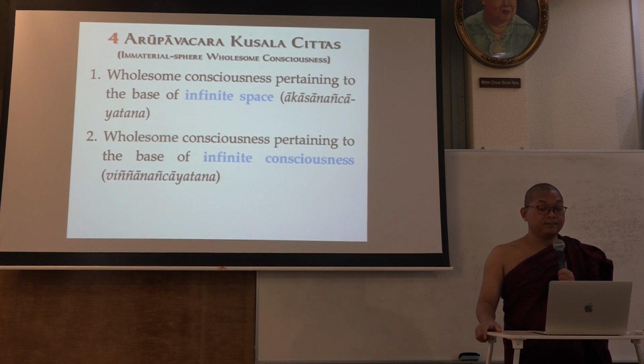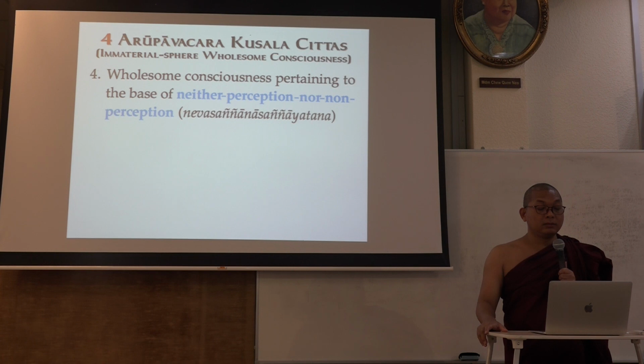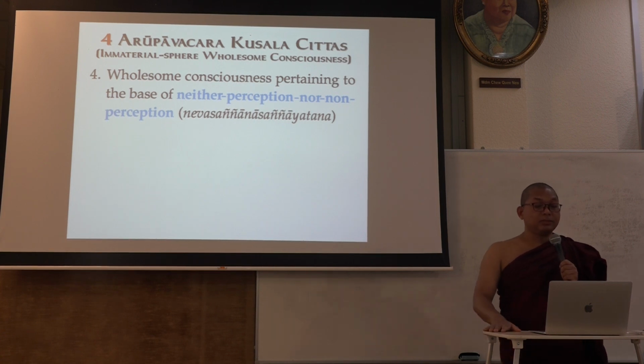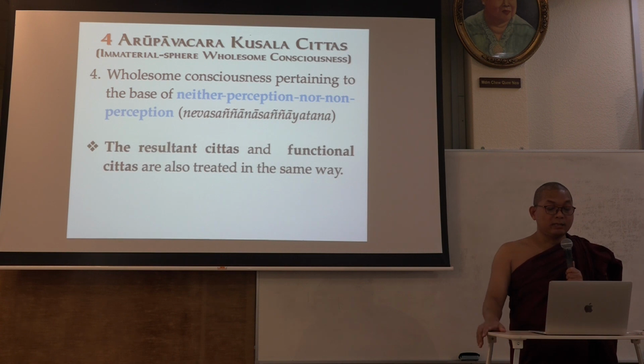The third one is nothingness. Here, nothingness is not like emptiness. Later we'll talk about it. And the last one is neither perception nor non-perception. So these are the four arupa kusala chetas, and we will have four resultant chetas and four functional chetas, altogether 12, right?